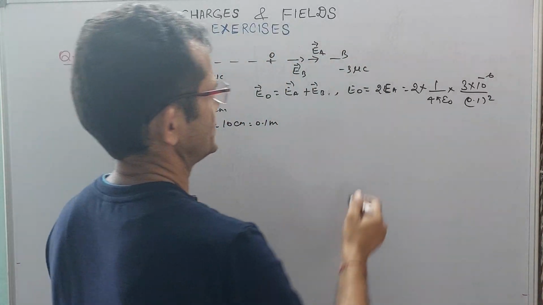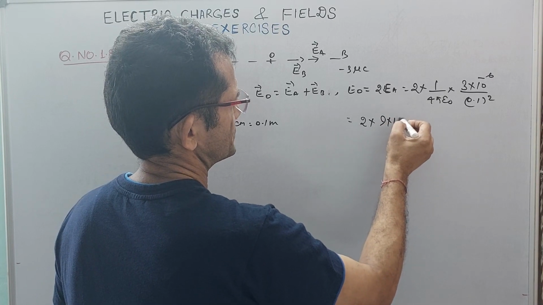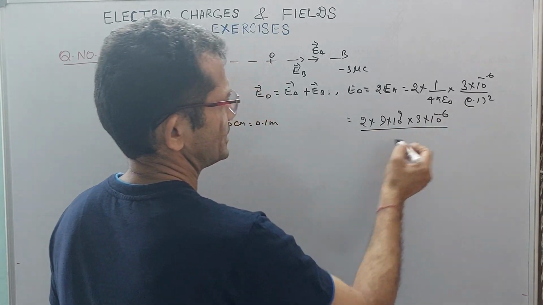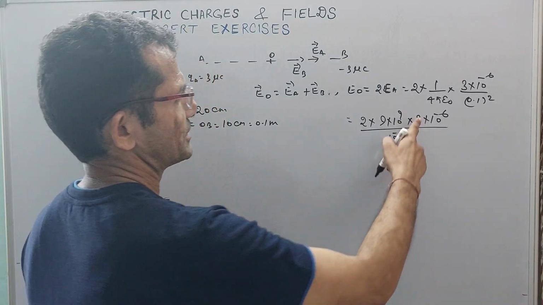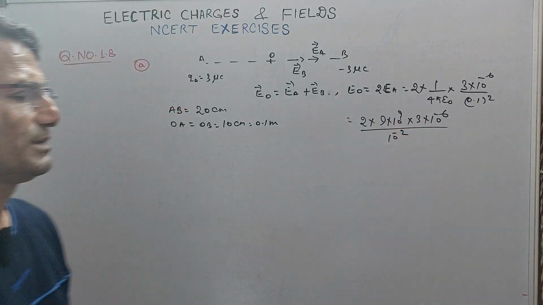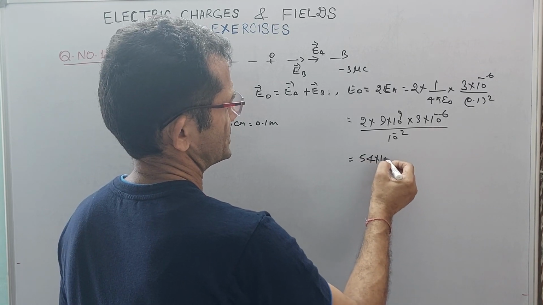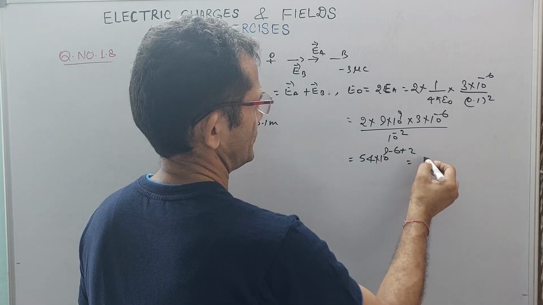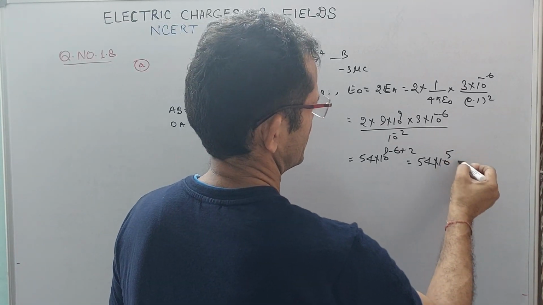If you calculate this, the value comes out to 1 upon 4 pi epsilon naught, 9 into 10 raised to the power 9, and 3 into 10 raised to the power minus 6, divided by 0.1 squared. Now 9 into 3 is 27, multiplied by 2 is 54, into 10 raised to the power 9 minus 6 plus 2, so the value becomes 54 into 10 raised to the power 5 Newton per coulomb.